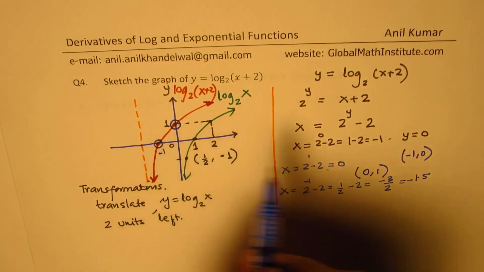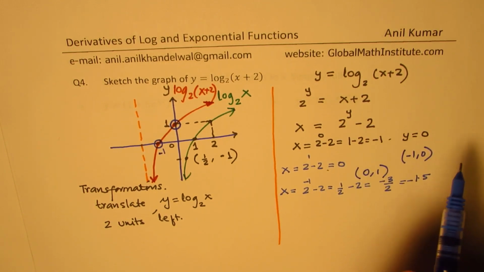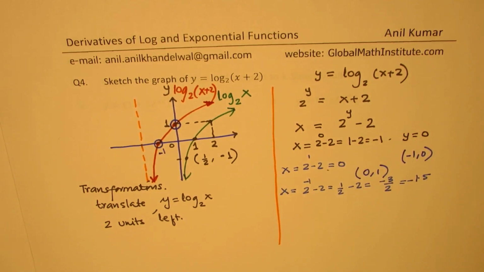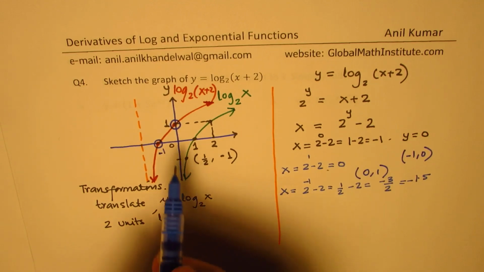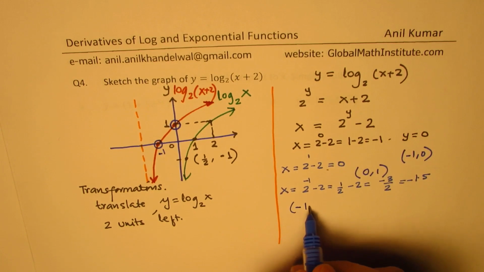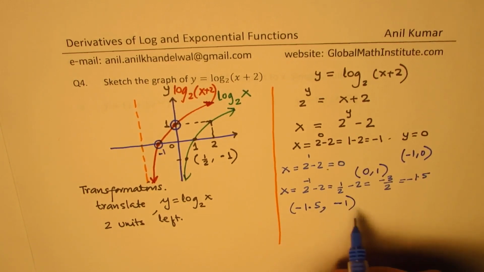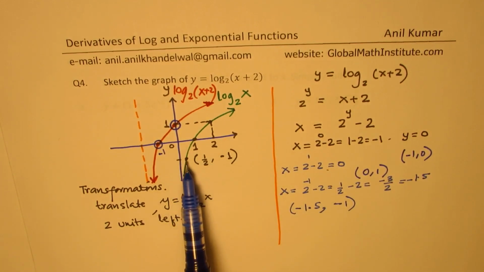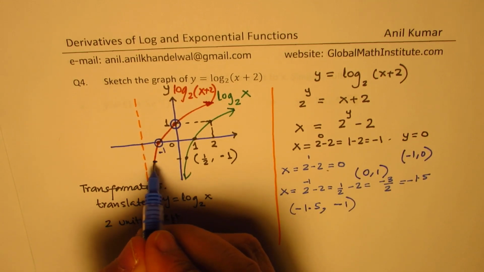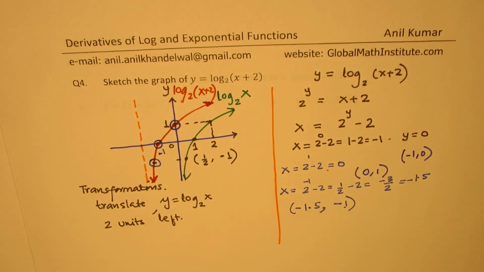So at x equals -1.5, the value of y is -1. So we have moved this point, which was at half, 2 units left. So we get a point here, which is (-1.5, -1). Do you see that part?